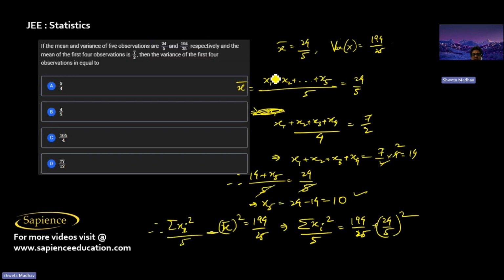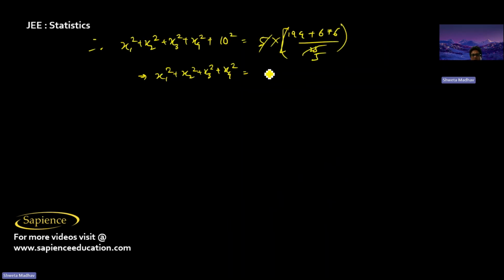So therefore x1 square plus x2 square plus x3 square plus x4 square will be equal to 870 divided by 5 minus 100.